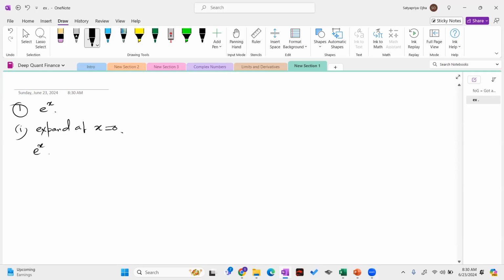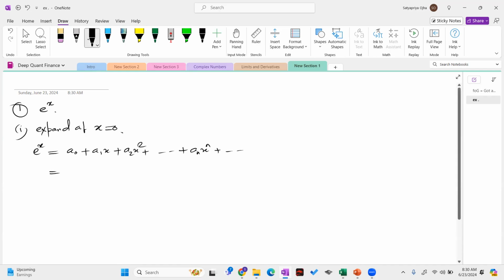So I can write e to the power x is a0. If you're expanding at x equal to 0, it should be like this: a0 plus a1x plus a2x squared and an x to the power n. Okay.